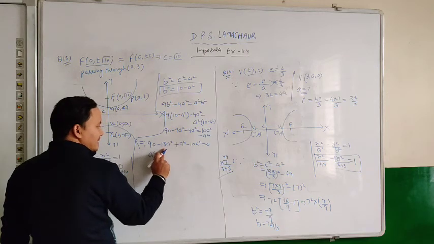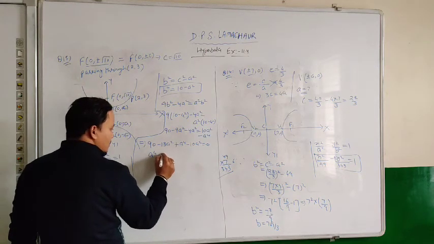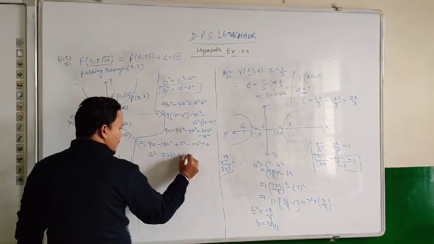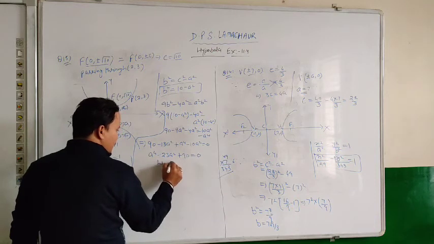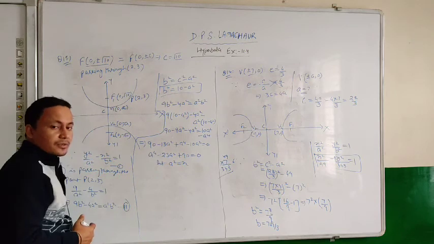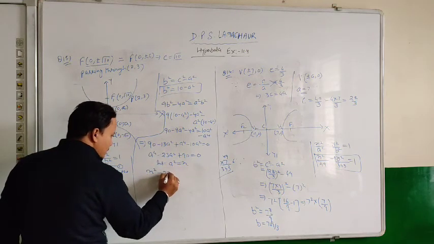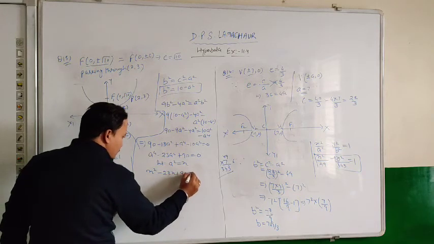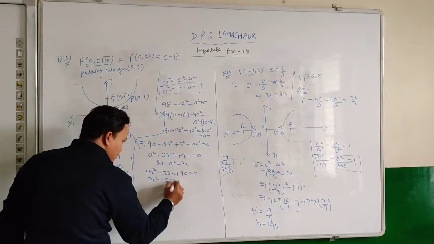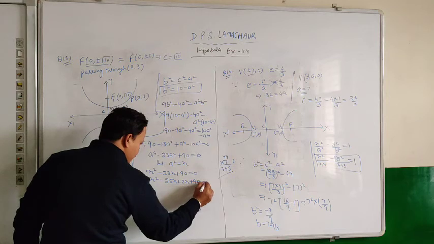So a to the power 4 minus 13a square and minus 10a square, on combining, this will be minus 23 times a square, plus 90 equal to 0. Let a square is equal to x. For our convenience, to solve this quadratic equation, we can put a square as x. So it will reduce to x square minus 23x plus 90 is equal to 0. Now on factoring it, x square minus 25x plus 2x plus 90 is equal to 0.